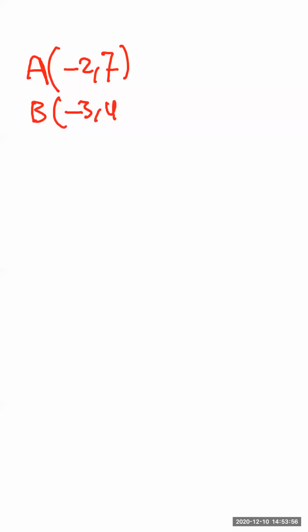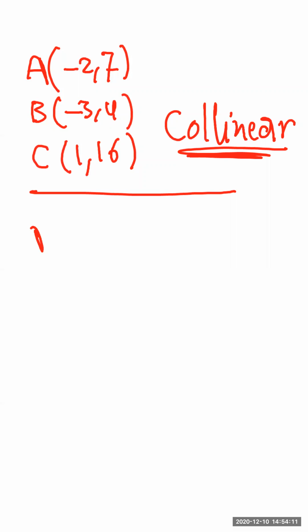So prove that A, which is (-2, 7), and B (-3, 4), and C (1, 16) are collinear. First, I will get AB.